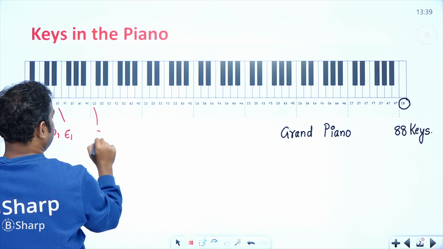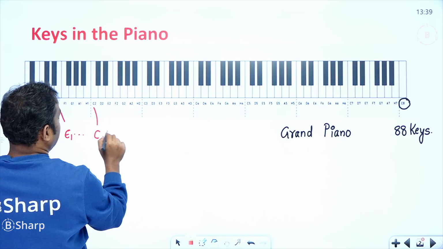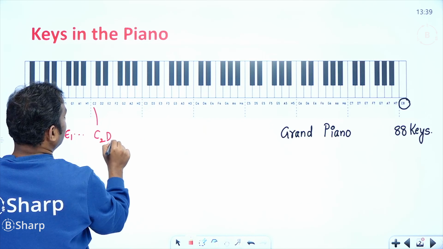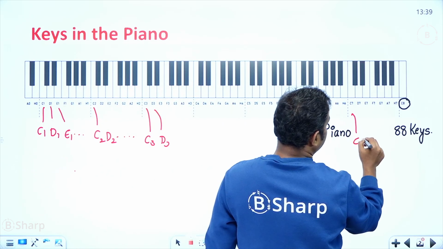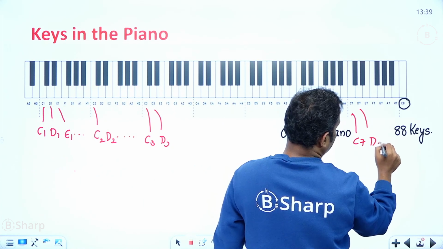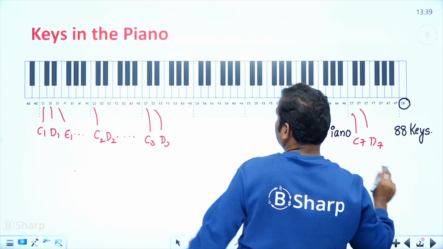This is C2, D2, like this. C3, D3, like this. Like this you have C7, D7, and there is also a C8, but only one key there. So we have to divide all these keys. This is one complete octave: 1 2 3 4 5 6 7.